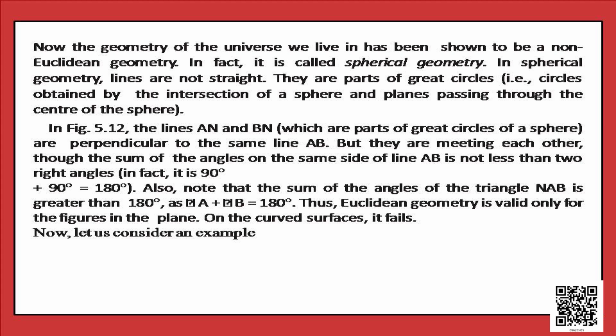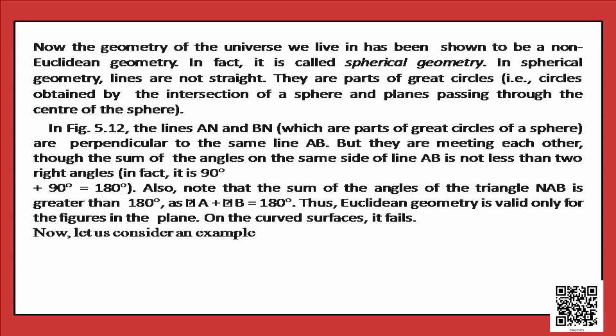As given in your book, in figure 5.12, the lines AN and BN, which are parts of great circles of a sphere, are perpendicular to the same line AB, but they meet each other, though the sum of the angles on the same side of the line AB is not less than two right angles. In fact, it is 90 degrees plus 90 degrees, which is equal to 180 degrees.